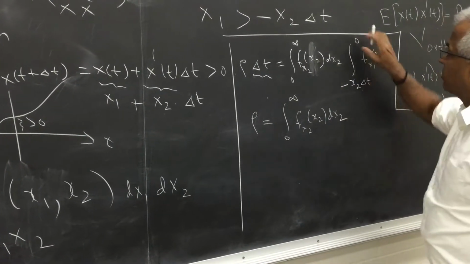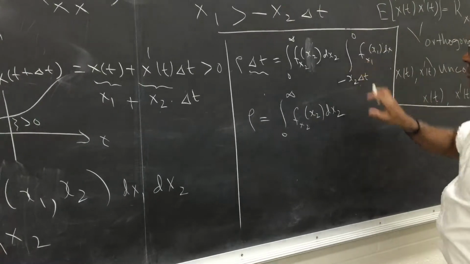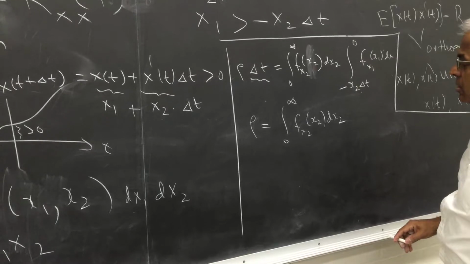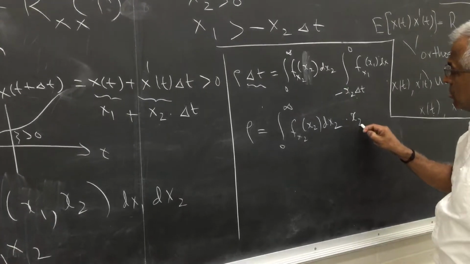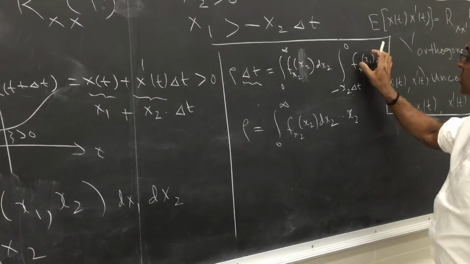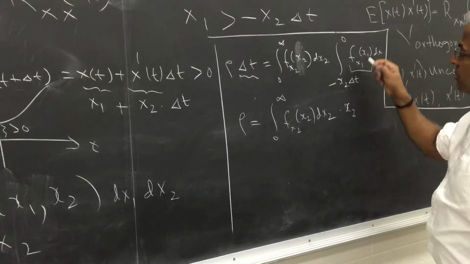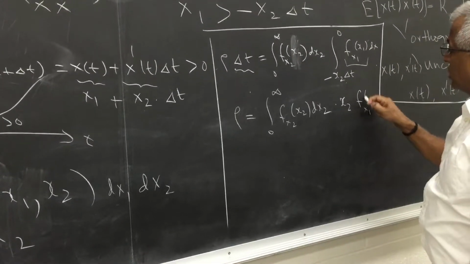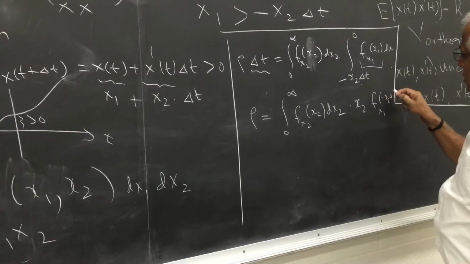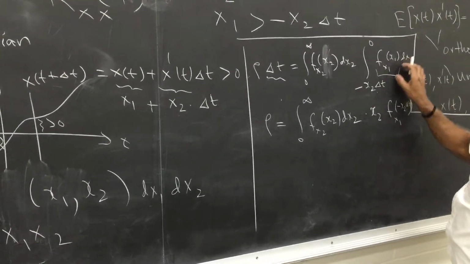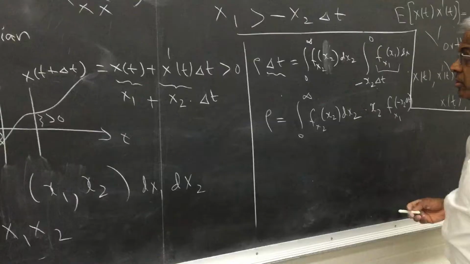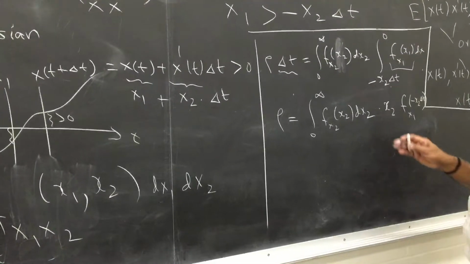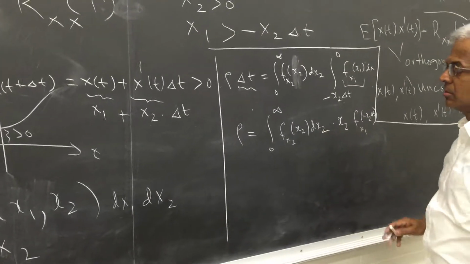So the derivative of the top limit is 0, the derivative of the bottom limit is minus x2, minus minus plus. So there will be an x2. Then evaluate the integrand. So this will turn out to be minus x2 delta t, plus the third term, which is the derivative of this with respect to x2 delta t, is 0.